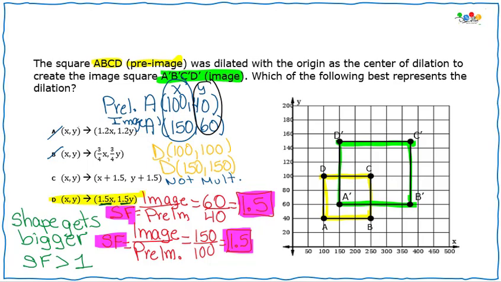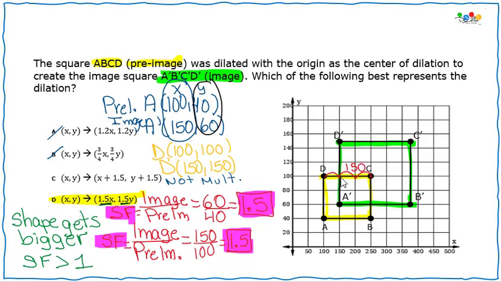We can also compare the length of my line segments, right? For example, let's look at DC. And if you notice, I'm counting by 50, right? So this will be 50, 100, 150. Very good. So this one has a measurement of 150.